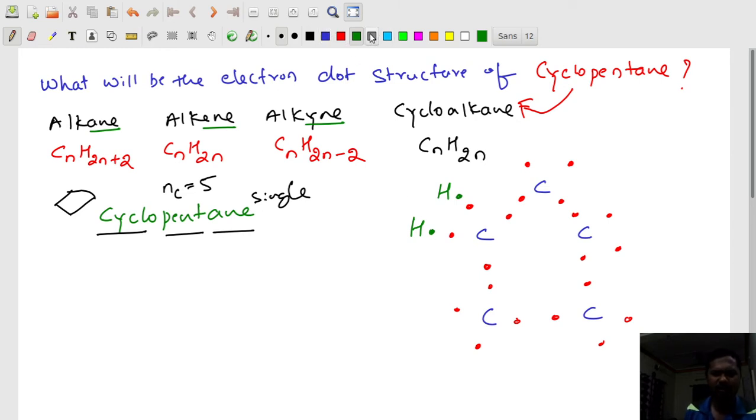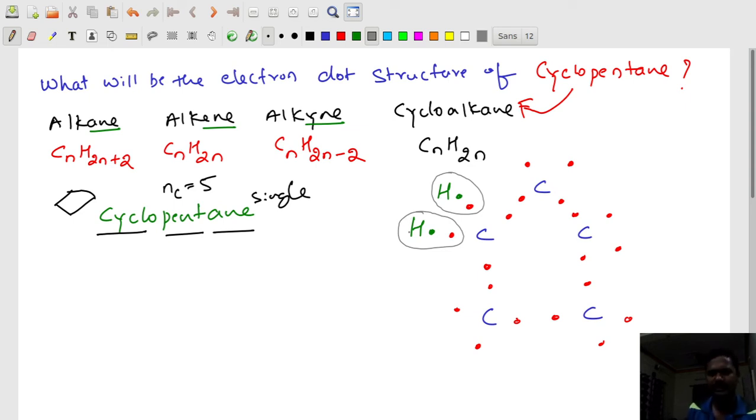Hydrogen has one shell or orbit, and in that orbit it can have a maximum of 2 electrons. So it will take 1 electron from the adjacent carbon, and similarly the other hydrogen will take 1 electron from the adjacent carbon.